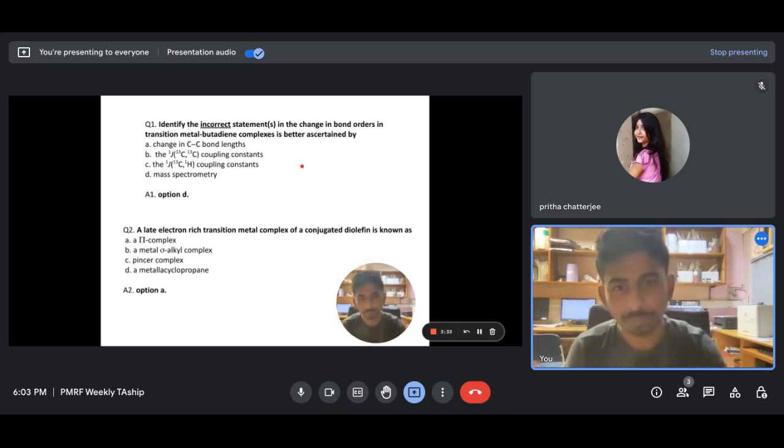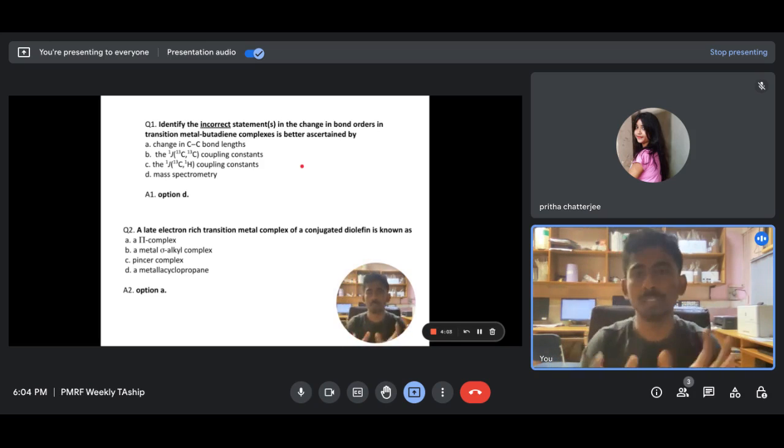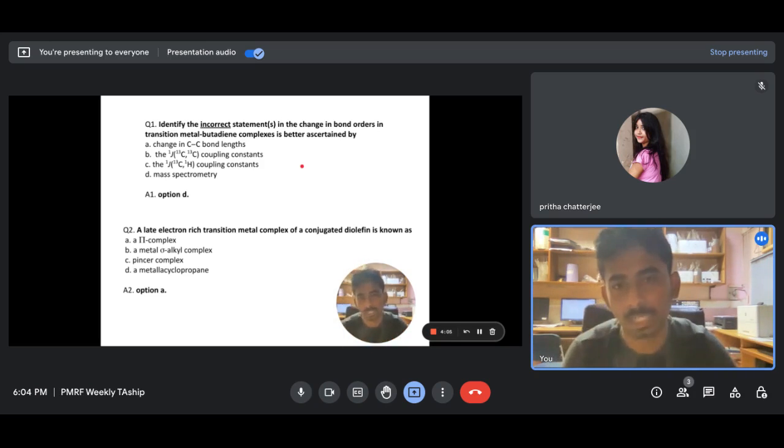The number of electrons in the HOMO of this butadiene gets depleted, because it is donated to the metal center. That's why the bond order will change whenever a butadiene complex donates electrons to the metal center.